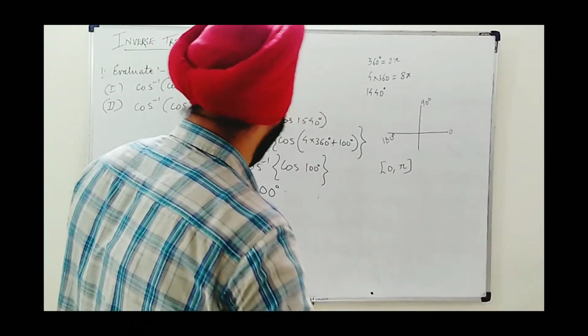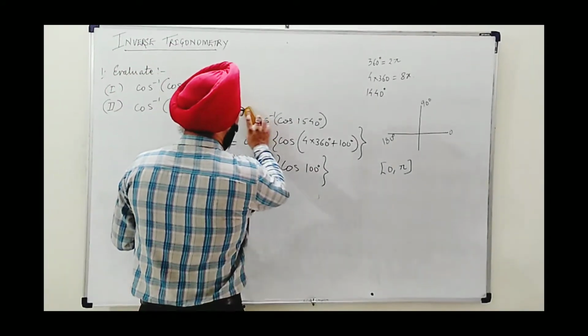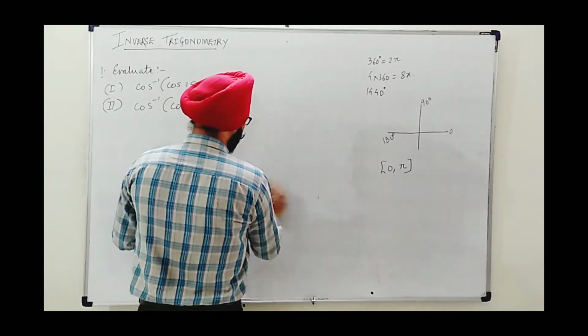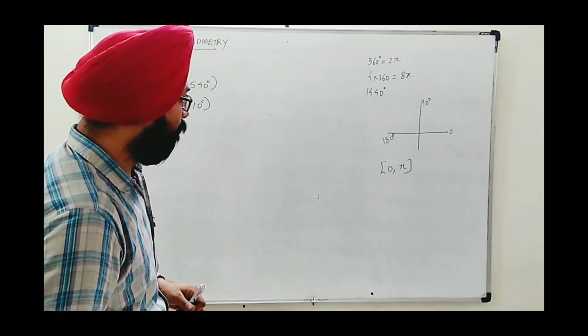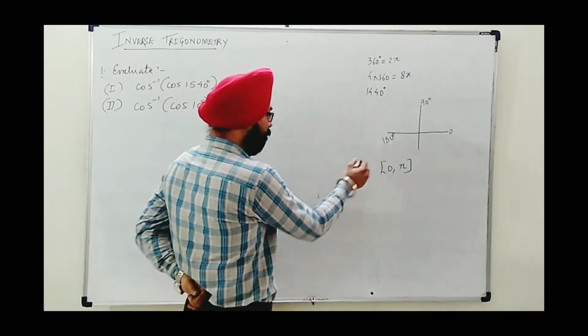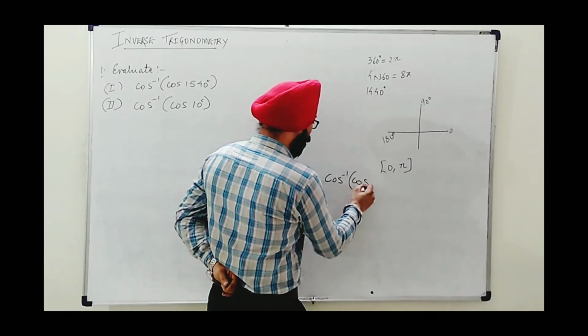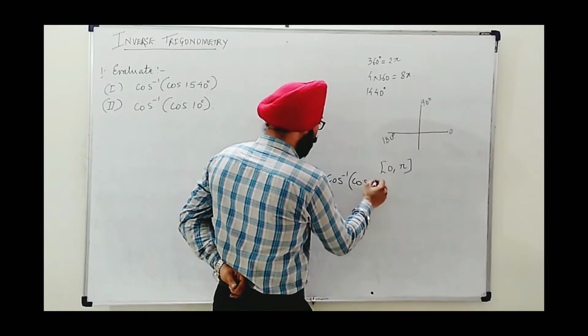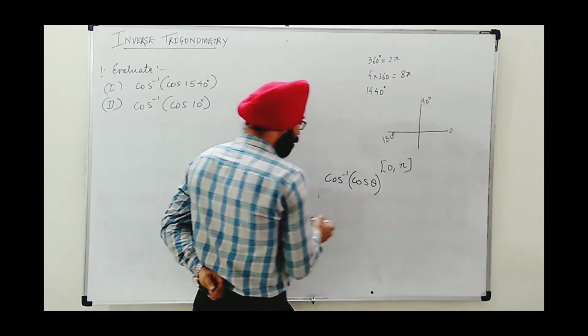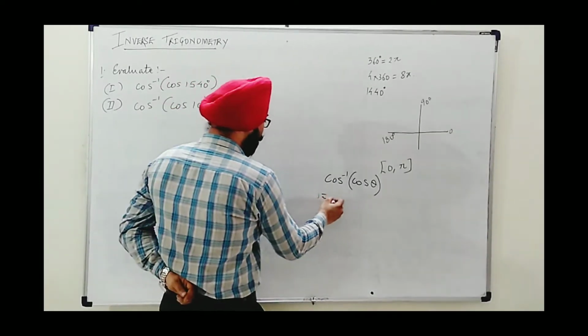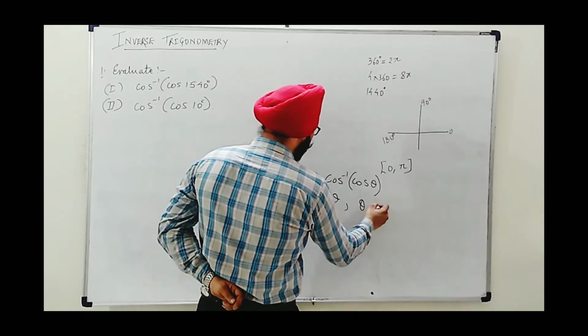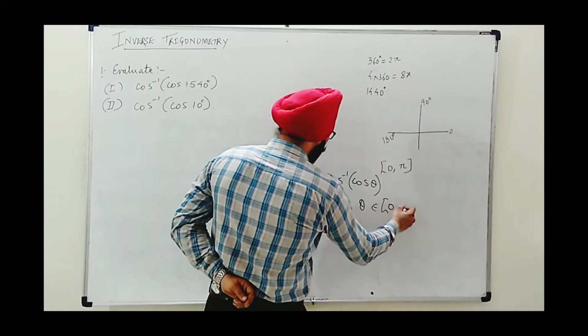For that, we have to see it differently. Think of it: cos inverse cos theta, by the law of cancellation, can be written as theta if theta belongs to 0 to pi.